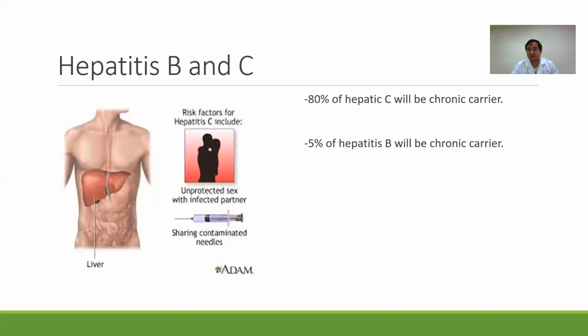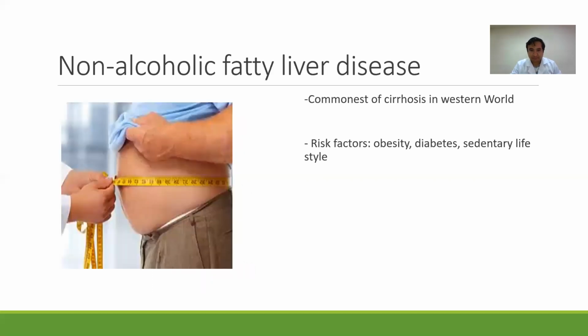Only in 5% of cases, they can be chronic carriers and can cause chronic liver disease. This is one of the important facts that you people should know. So if someone has hepatitis B, then you can wait for at least 6 months for the spontaneous resolution. But if someone has hepatitis C, those people may need treatment to prevent them from developing cirrhosis.